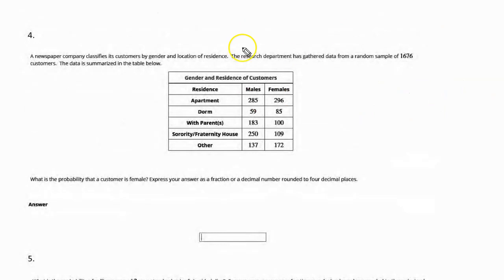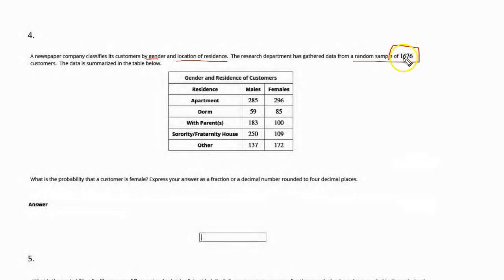Now, as we look at example 4, it says a newspaper company classifies its customers by gender and location of residence. The research department has gathered data from the random sample of this.